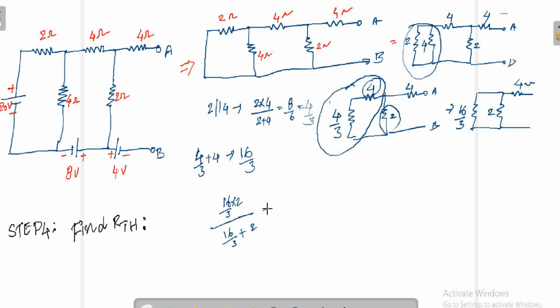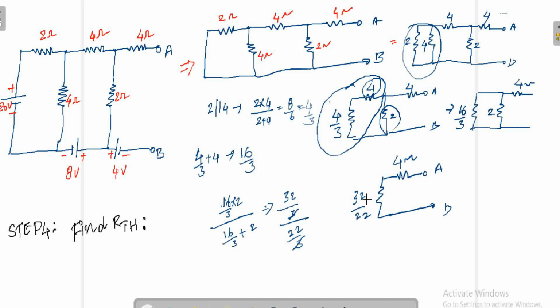The numerator becomes 16 into 2, 32, and the denominator 16 by 3 plus 6 by 3, 22 by 3. So this 3 gets cancelled. So what you will get here is one resistor of 32 by 22, and one more resistor, your 4 ohms, and these are points A and B.